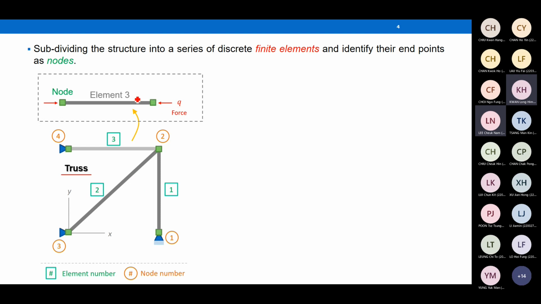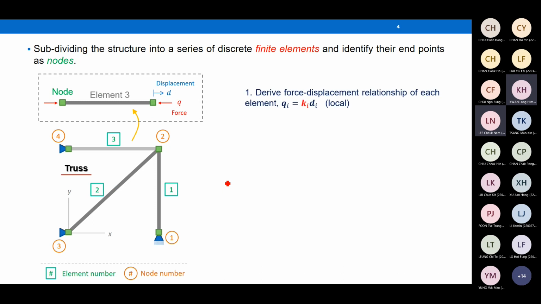We have axial force. Similarly, we have displacement. The member may undergo elongation or shortening. So this is the expression for one truss element. You can use the same picture for element 2 and element 3, but they have different orientations.